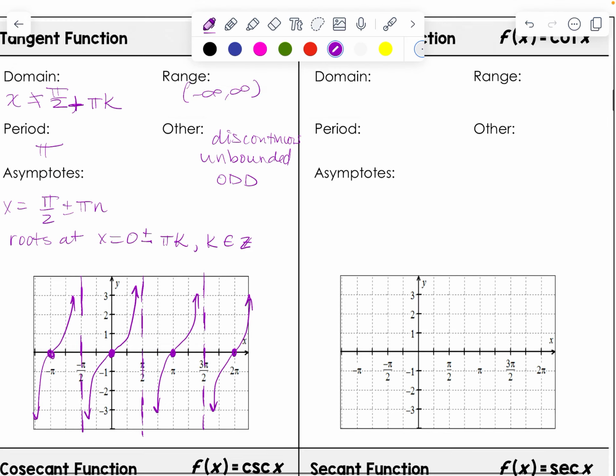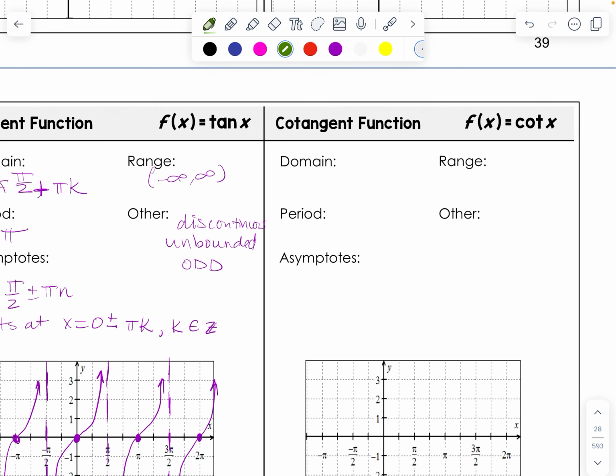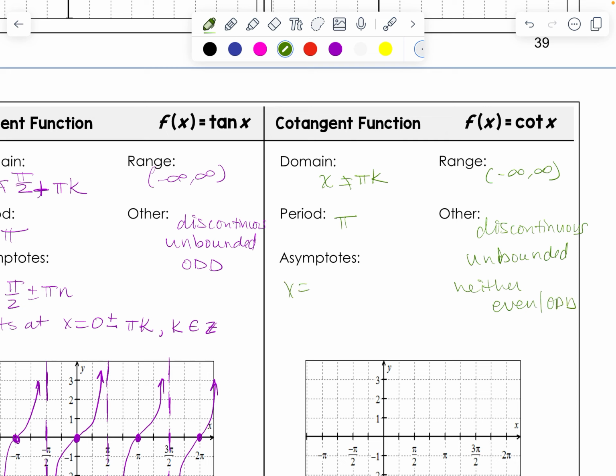Okay, let's look at cotangent. Cotangent is very similar. X cannot equal pi times k. The range is from negative infinity to infinity. The period is pi. It's discontinuous, unbounded, neither even nor odd, and it has asymptotes at every pi value.